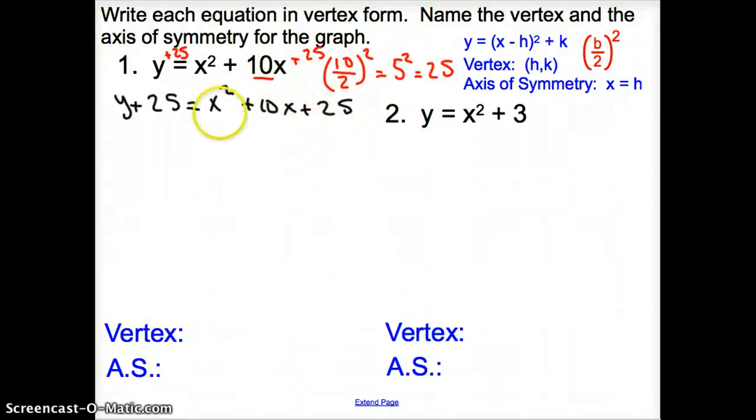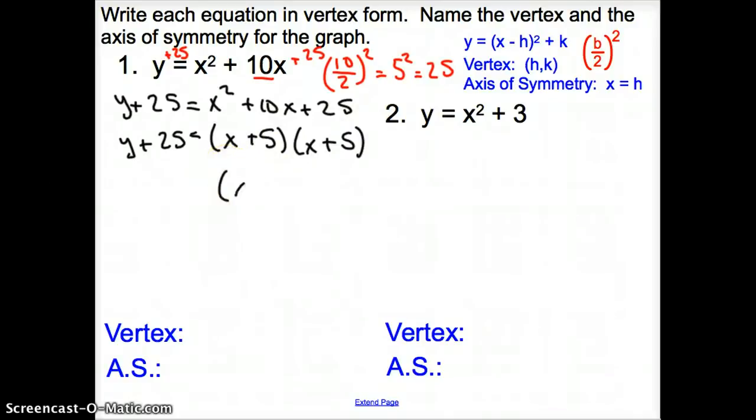Now we have to put this into two binomials. How do we factor that? It's going to be (x plus 5) times (x plus 5). Nothing changes from completing the square. Still bringing down y plus 25. Now, how can we rewrite (x plus 5) times (x plus 5)? We can write that as a perfect square trinomial, so it's going to be the quantity x plus 5, squared.